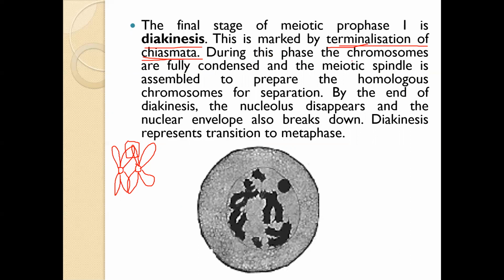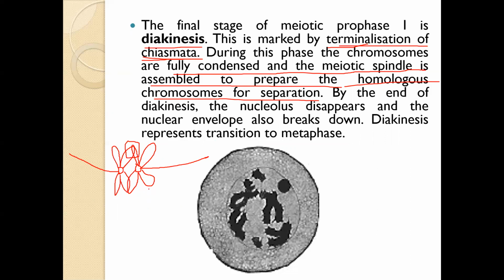During this phase, the chromosomes are fully condensed and the meiotic spindle is assembled to prepare the homologous chromosomes for separation. As these chromosomes are also associated with the spindle fibers, just after the completion of prophase I, the chromosomes can directly enter metaphase and are arranged into the metaphase plate.